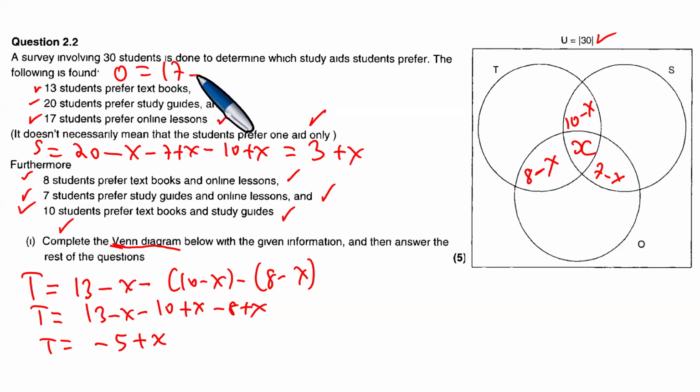So you're going to have 17 minus X, minus 8 plus X, minus 7 plus X. So minus 8 minus 7 is minus 15, and 17 minus 15 becomes 2. Minus X plus X is 0, which is exactly 2 plus X.